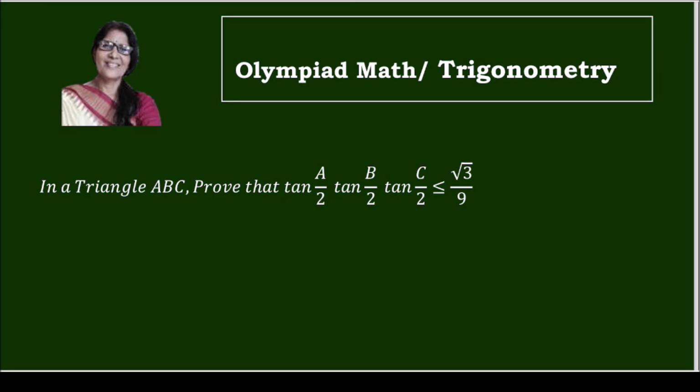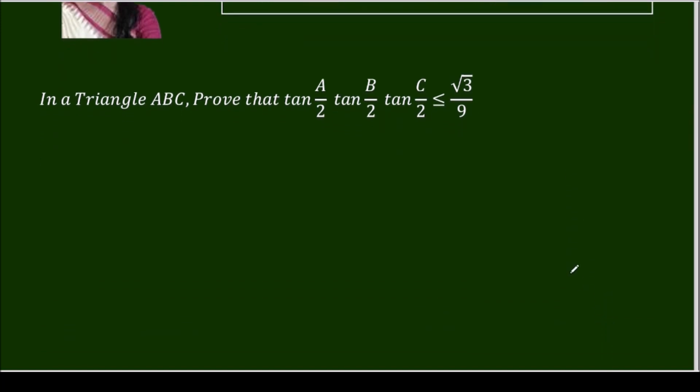The question is, in a triangle ABC, prove that tan of half A multiplied by tan of half B multiplied by tan of half C is less than or equal to square root 3 over 9. So let's proceed.